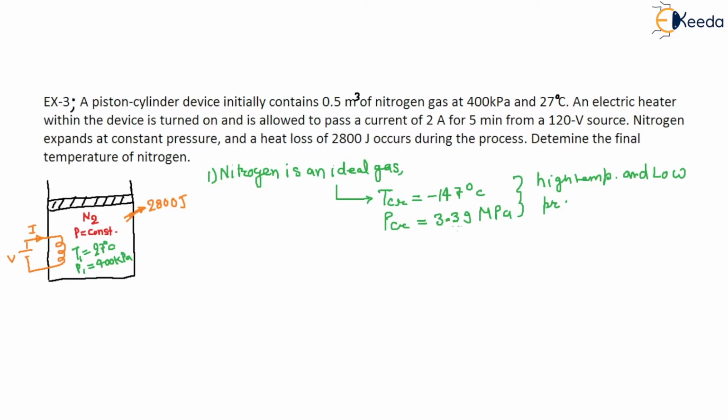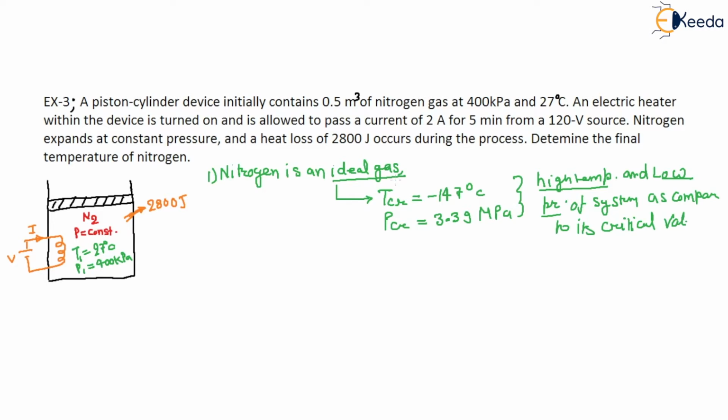This is the critical point: the critical pressure is 3.39 megapascal and the pressure here is only 400 kilopascal. So the system has a high temperature and a low pressure as compared to its critical values, so it behaves as an ideal gas.